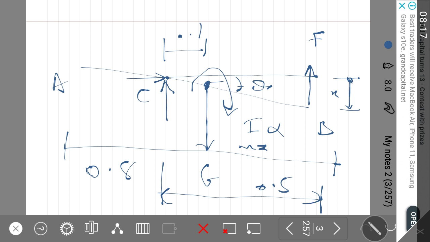The moment will be the weight W times 0.1 minus the upward force, and everything will be equal to the torque and the other moment at this point.